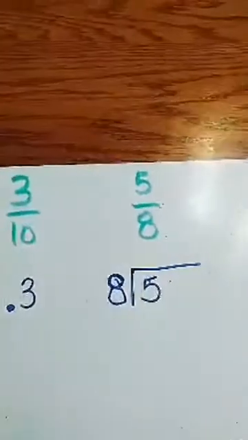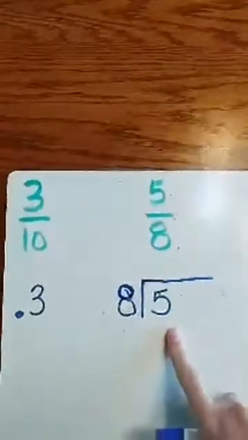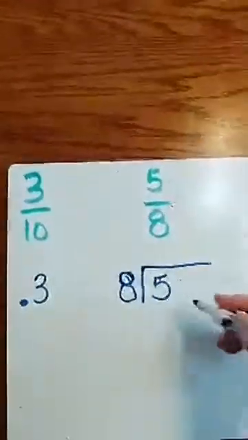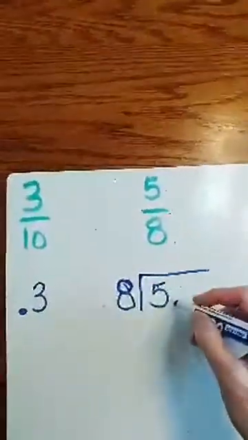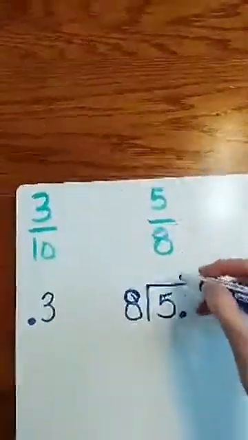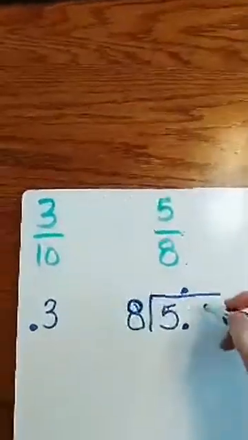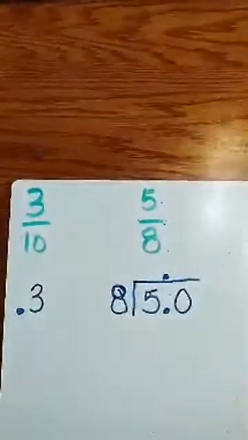Well, I'm stuck. It doesn't go into 5. Well, if you guys remember, when we're doing this, we need a decimal number, so we got to have a decimal somewhere. Let's put it in. And remember, decimals go straight up. And let's add a 0. So now I have a decimal number, so I can get a decimal answer.